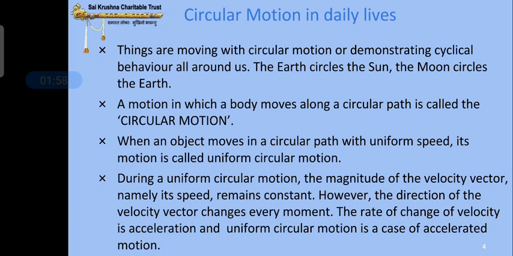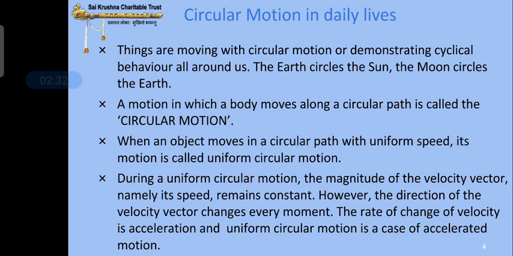You have the magnitude as well as the direction. For a uniform circular motion, the magnitude of the velocity vector, that is, the speed, remains constant, whereas the direction changes every moment. We know that uniform circular motion means traveling with a uniform speed, so the object must move with uniform speed, whereas the direction changes.